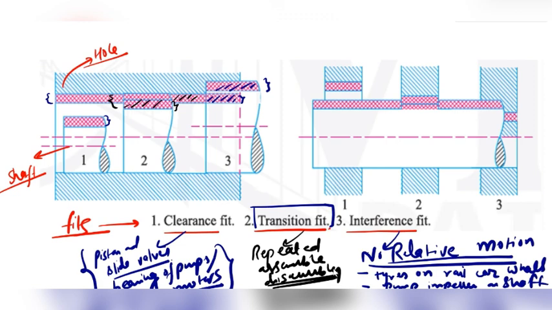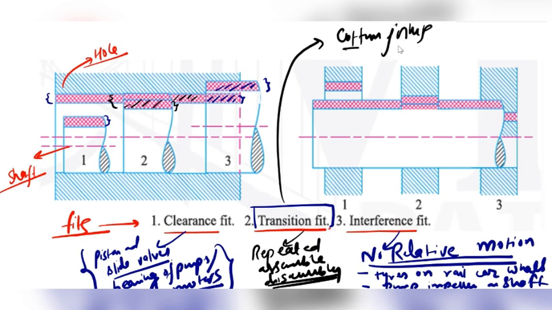Examples for the mating parts are wherever we use quarter joints, keys and pins, etc. Depending upon the use or application, transition fit is given in the shaft and the hole.